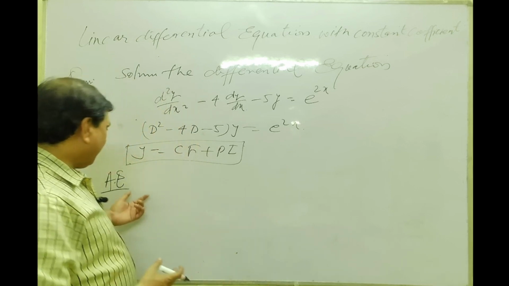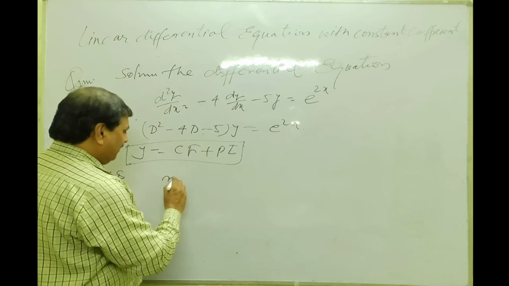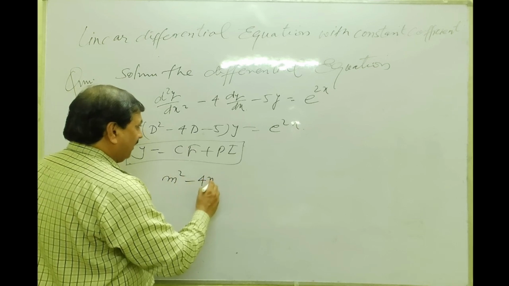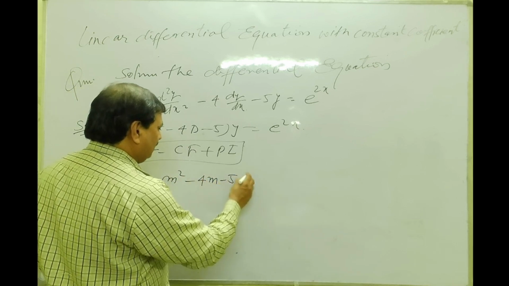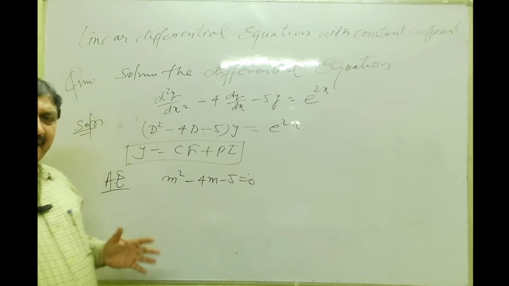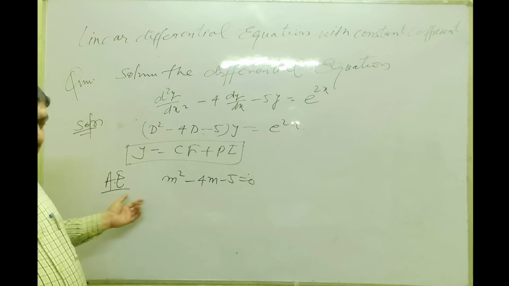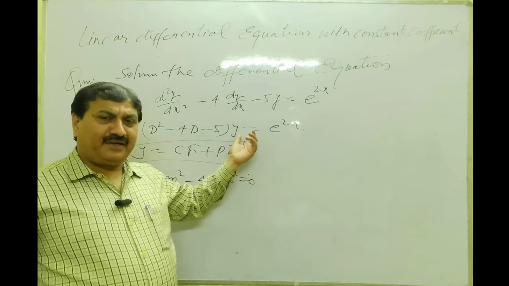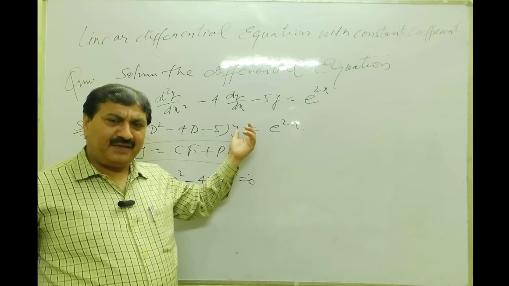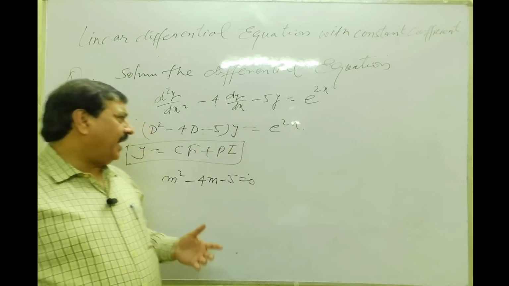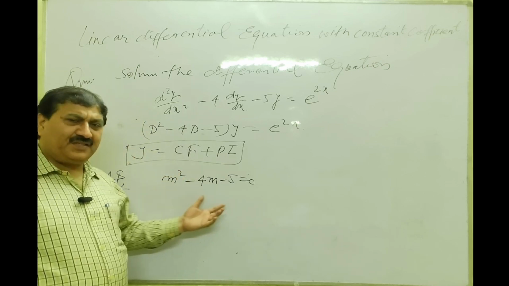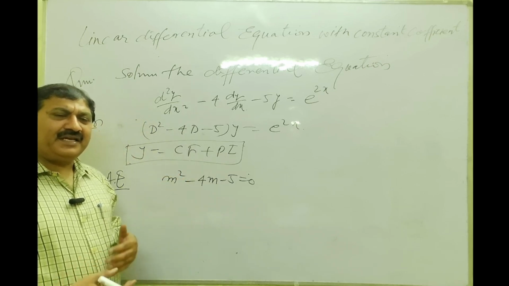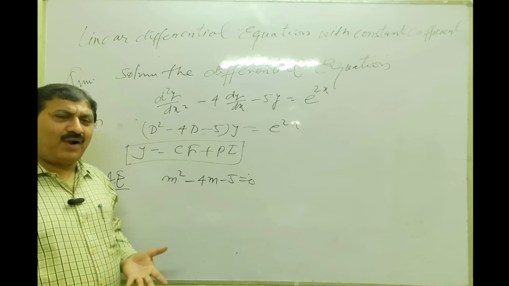We get the auxiliary equation m² − 4m − 5 = 0. This is an algebraic equation in terms of m, a quadratic equation.